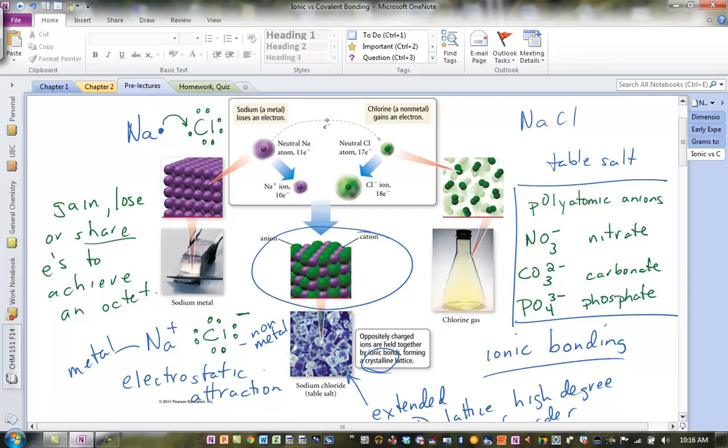And I'm sure you've heard these terms before. These are very common polyatomic anions that in nature would be combined with metal cations. Nitrate, carbonate, phosphate could be combined with sodium ions or magnesium ions or calcium ions or something like that. Okay, so that's kind of the other thing that could make up an ionic compound. Nonmetal anions or polyatomic anions combined with a metal cation. Okay?